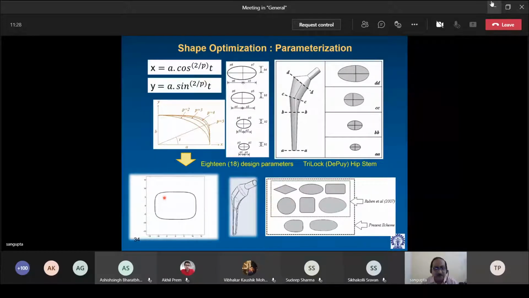And if it varies, these are the variation of the cross section, then obviously it will translate into a 3D implant structure, which would look like that. So with variation in the 4 key sections, you can end up with different types of shapes of the Trilok hip stem.